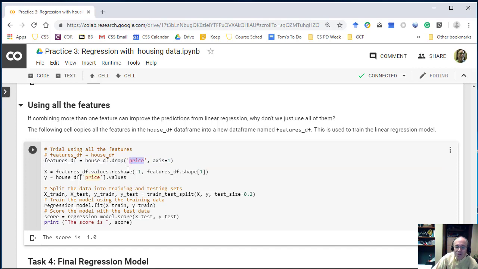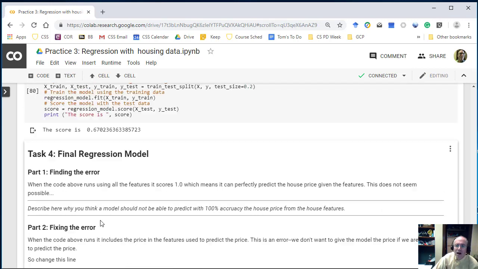Axis 1 just means column-wise. So we're dropping the price. So our feature data frame is just all the features in the house data frame minus the price one. And then we're using that as our X features, and the price is now our Y feature. So if you run this, you will not get your 1.0. You'll get a different number here.